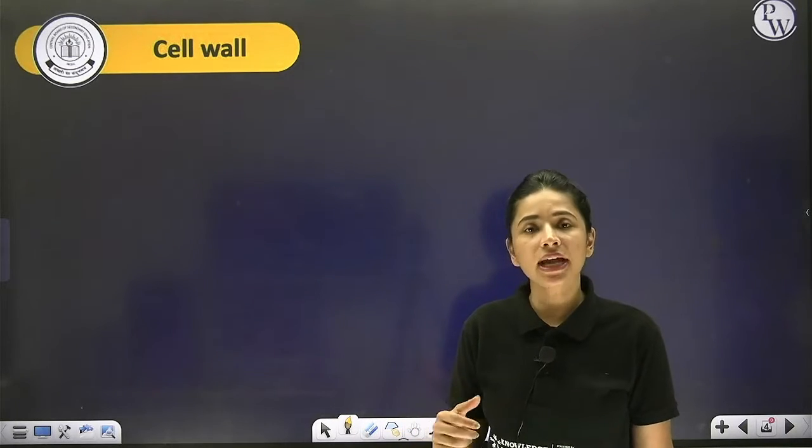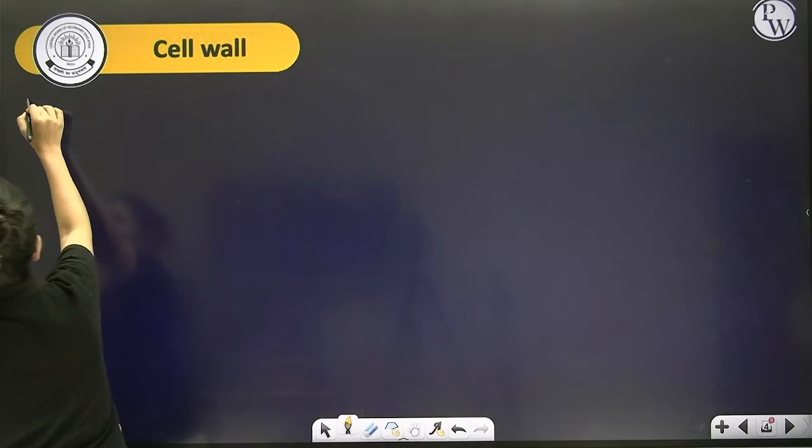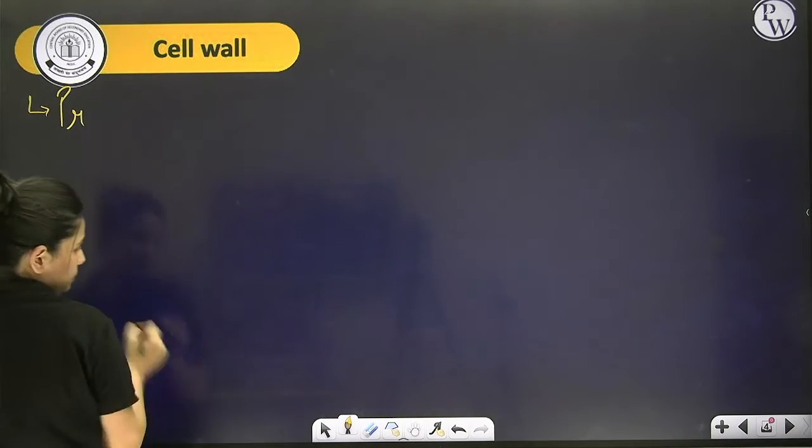So the presence of a cell wall is a feature of, the first point you are going to write is? Yes, very good.